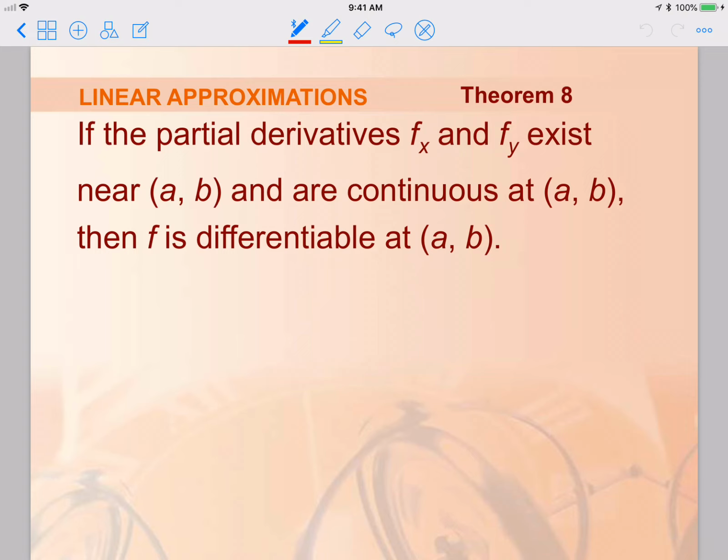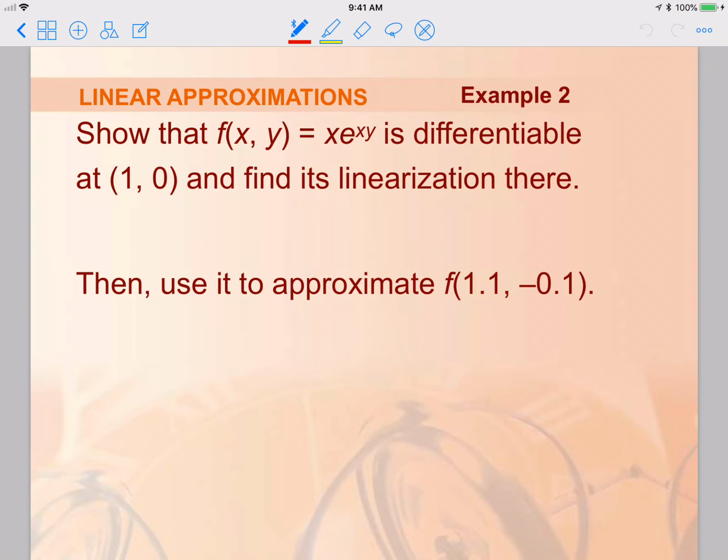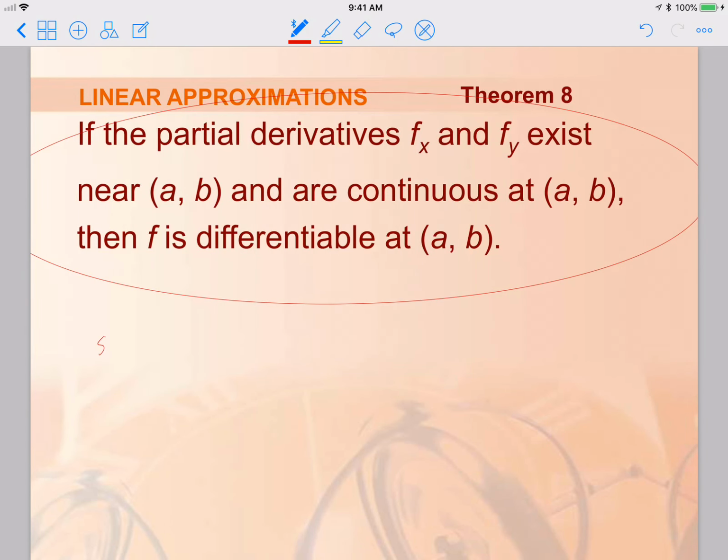So this is a theorem: if the partial derivatives exist near (a, b) and are continuous at (a, b), then f is differentiable at (a, b). And that means that f of x will be approximately equal to its linearization near (a, b).